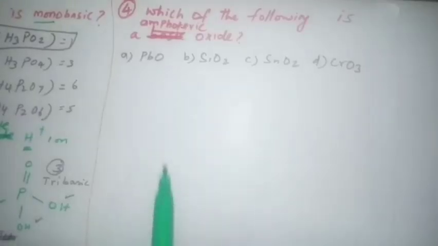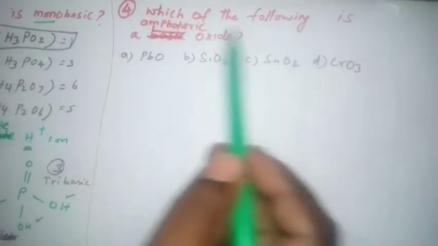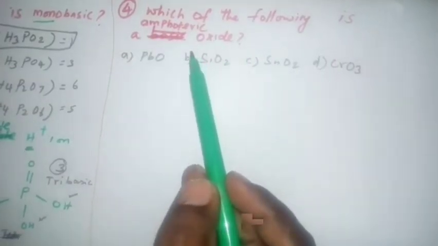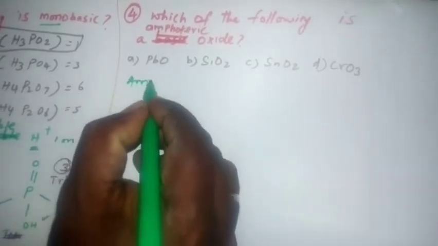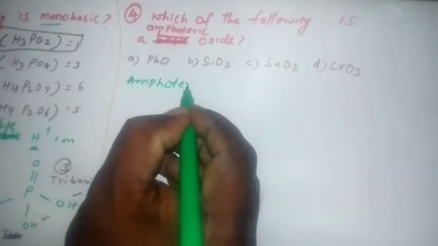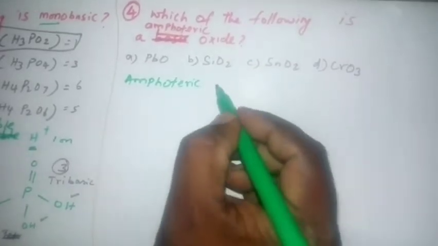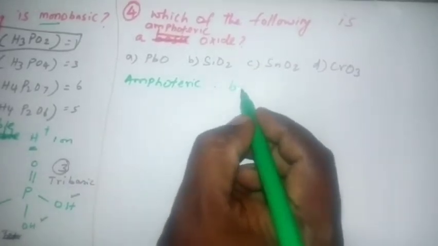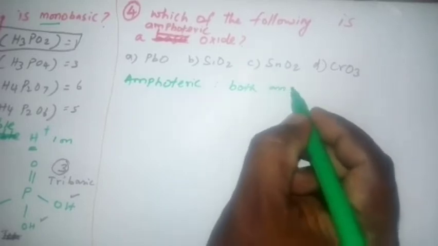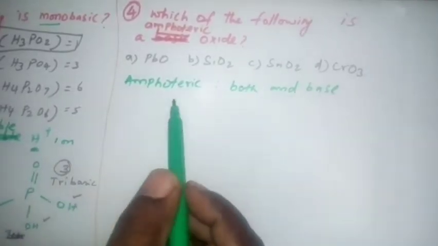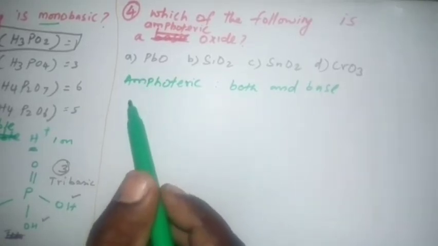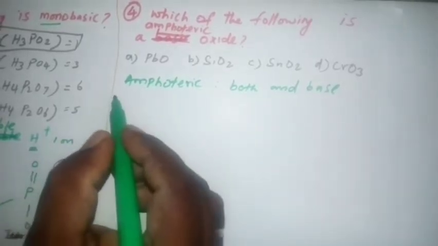Question number 4. Which of the following is an amphoteric oxide? Amphoteric means it can react with both acids and bases. That type of oxide is called an amphoteric oxide. So there are 3 types of oxide.